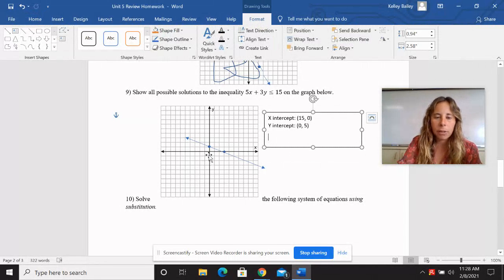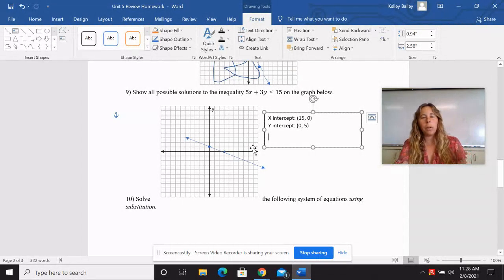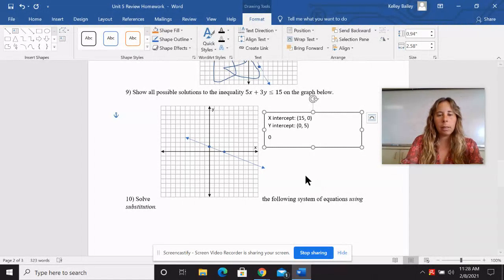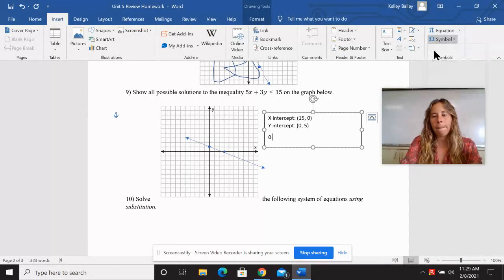Once again, I love 0, 0. As long as it's not on your line, you can do 0, 0. So substitute 0 in for x and 0 in for y. You get 5 times 0 is 0. 3 times 0 is 0. So you get 0 is less than or equal to 15. Is that true?